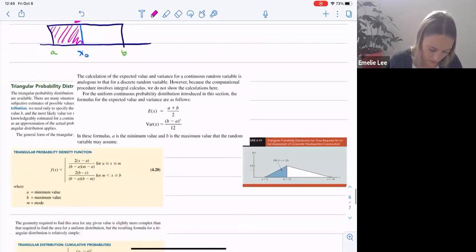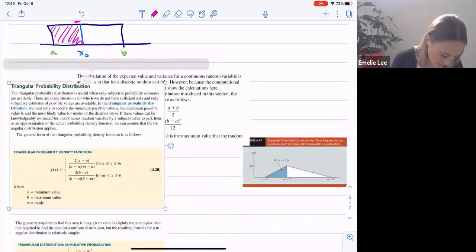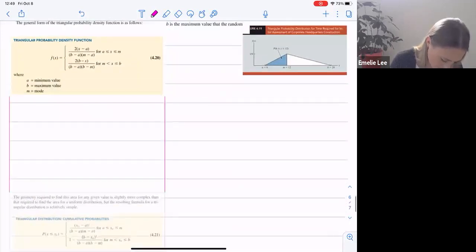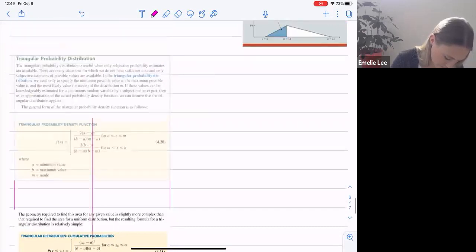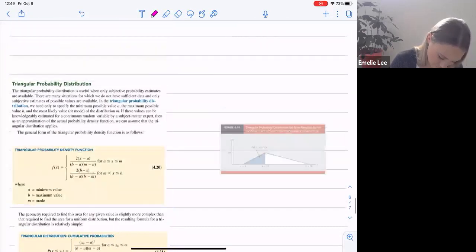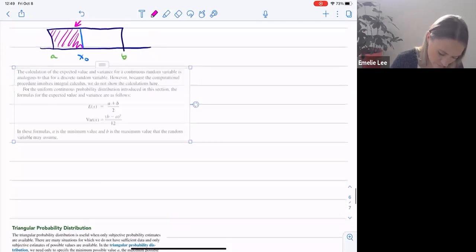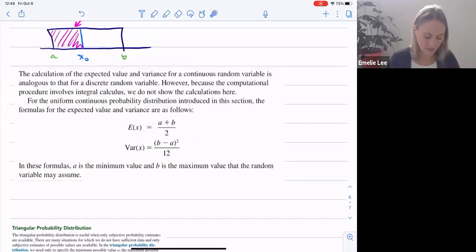One thing that I will point out is that we can find expected values and the variance for continuous random variables, that is possible.